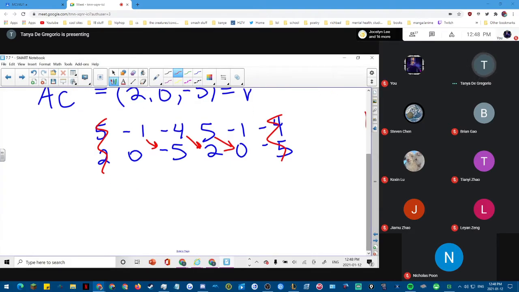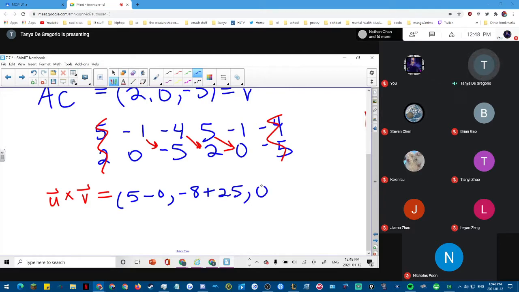So what do I get? Nobody wants to do this? So negative 1 times negative 5 is 5. And then I'm subtracting 0 times negative 4, which is 0. And then I have negative 8 minus negative 25.